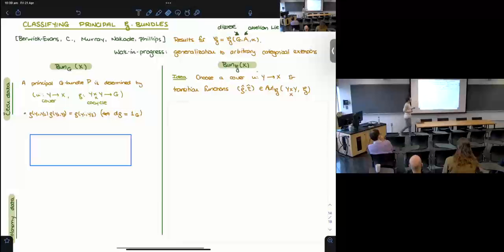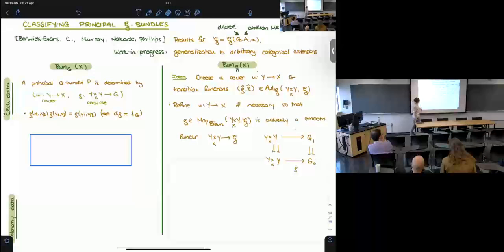And so my transition functions are these rho hat, epsilon hats that we saw. And then I do a further step: let's refine this cover U so that the section that corresponds to rho is actually a smooth functor, not just a bibundle. I can always do that. And so then here's my rho, it looks like this.